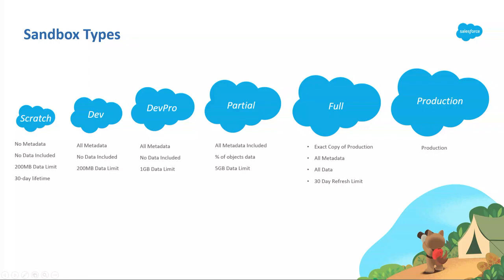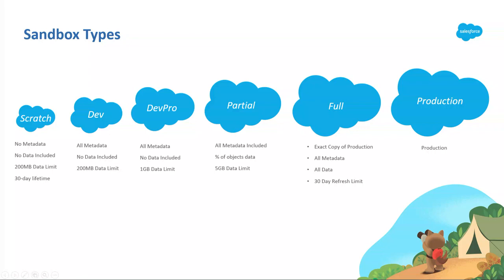There's also a partial sandbox, which has about 5 gigabytes of data storage capacity. And you can specify a sandbox template to pick out what data you want Salesforce to populate it with. Although I don't necessarily recommend this, because using these templates, you can only copy over about 10,000 records per object, and it doesn't maintain the relationships between the records.